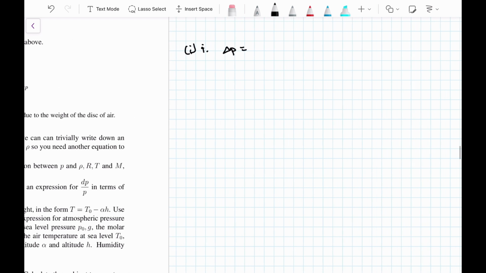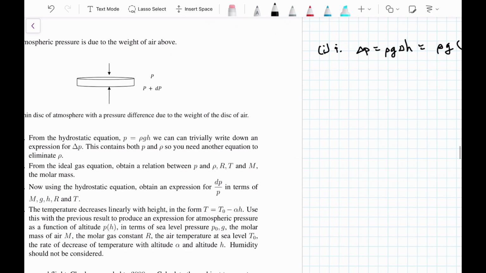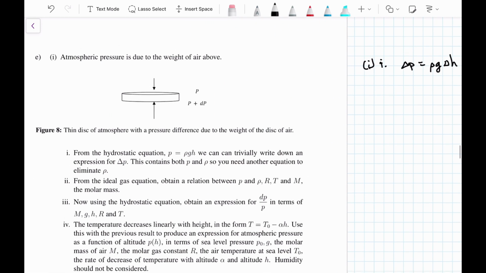So technically delta P should be equal to rho g delta h, or we can say rho g (h2 minus h1), which simplifies calculations. It contains both P and rho, so you need another equation to eliminate rho.